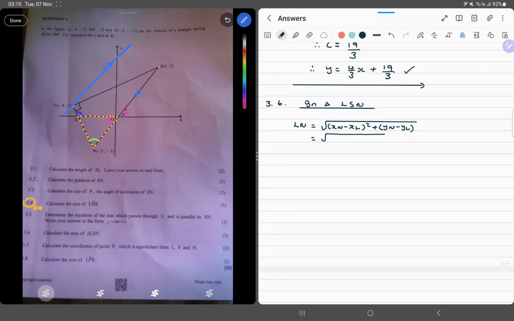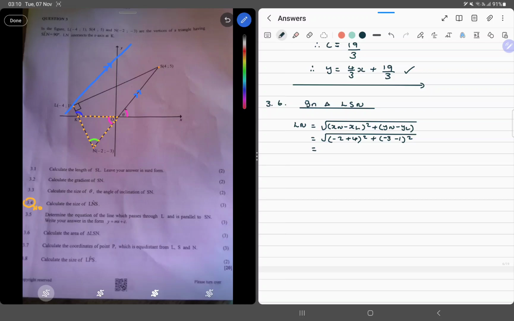So this means we are doing it. x at N is -2, minus -4 is going to be +4, all squared, plus y at N is -3, minus 1, all squared. So let's find that distance.